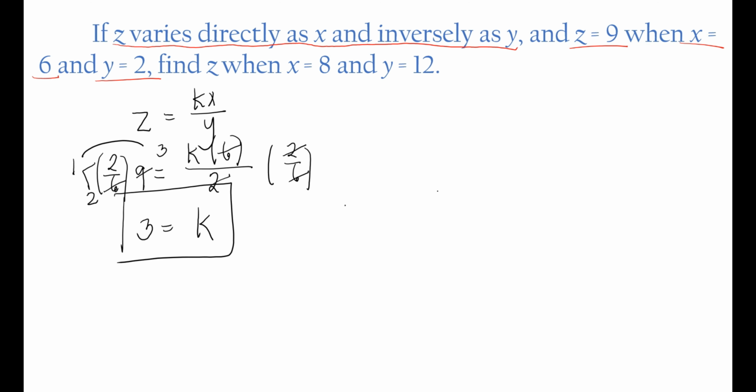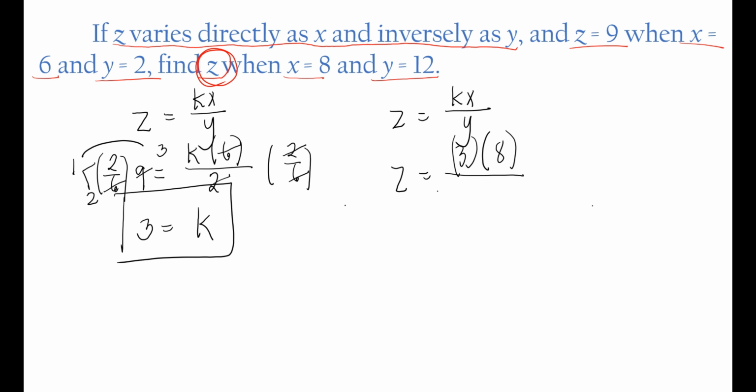Having this value, we can use this to solve for the value of z when x is 8 and y is 12. Using our equation z equals kx over y, we only have to substitute the given values that we have. K will be equal to 3, x will now be equal to 8 over y, which is 12.